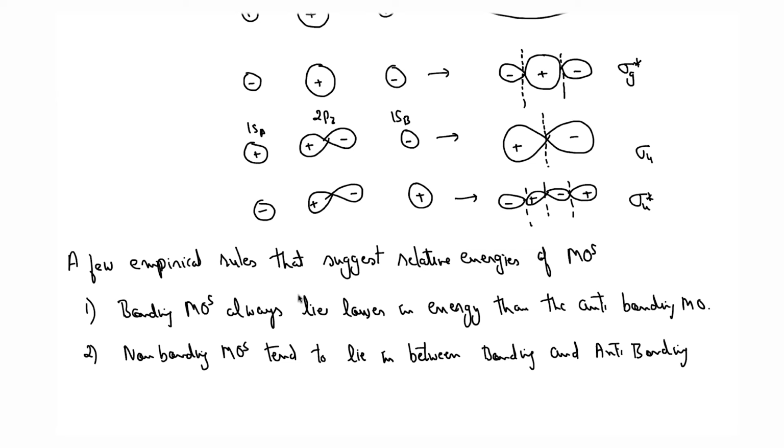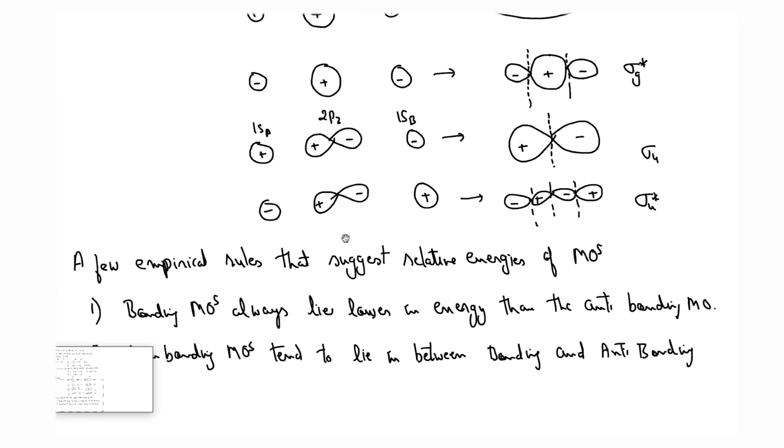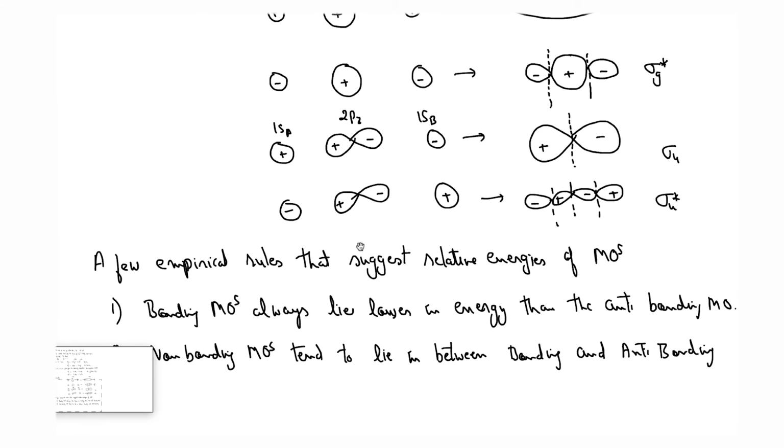Okay, in some cases there is interaction with the outer atoms and they tend to destabilize or stabilize, but typically they tend to lie between bonding and anti-bonding.